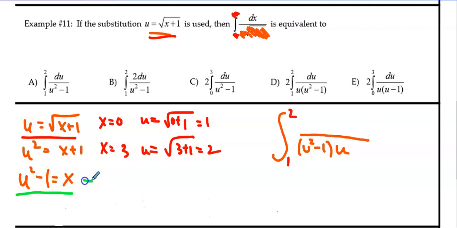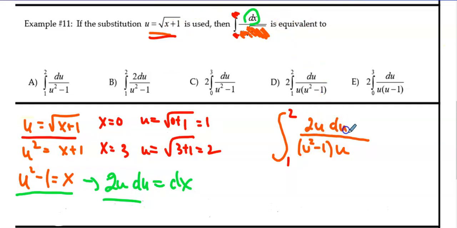So I can take the derivative of this implicitly and say that the derivative of u squared is 2u du, which is going to be equal to, because the derivative of negative 1 is 0, the derivative of x, which is just dx. And so dx is simply equal to 2u du. So I can write up here 2u du.